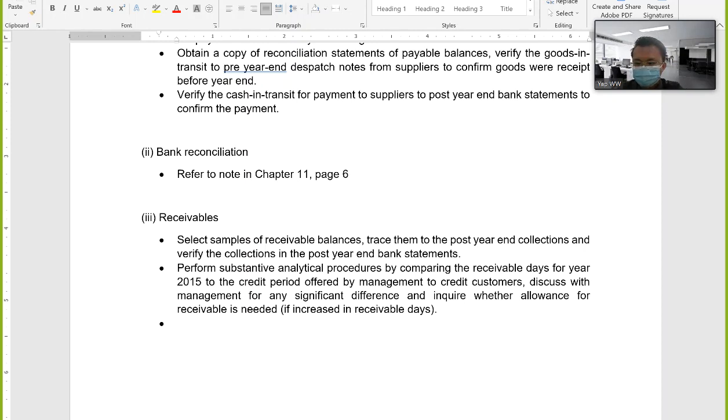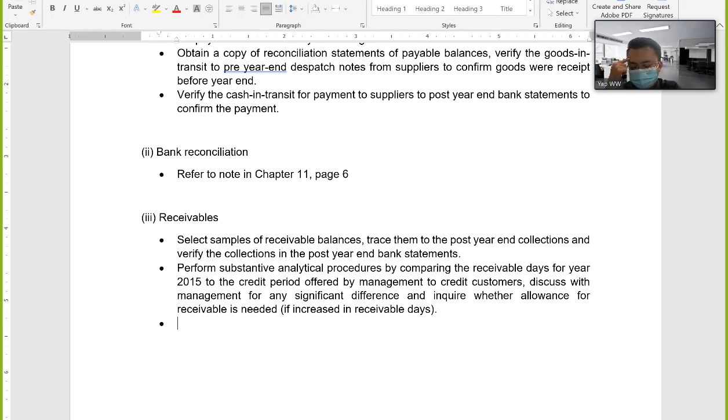Okay. Nothing much we can do for existence one. Okay. Because I wanted to send confirmation to confirm the existence, but now very hard. So except for the first procedure, the rest of them we are going to write for valuation only. So is there any other things that you can do for the valuation?